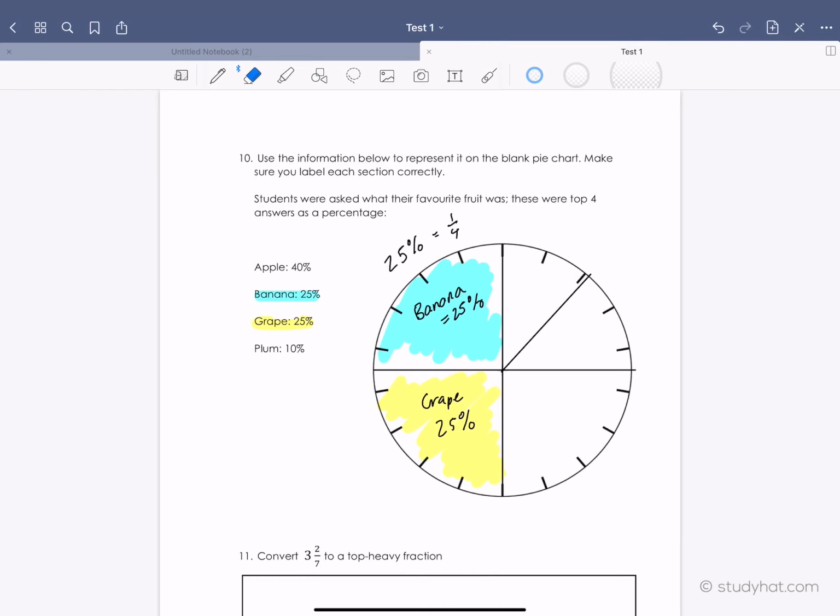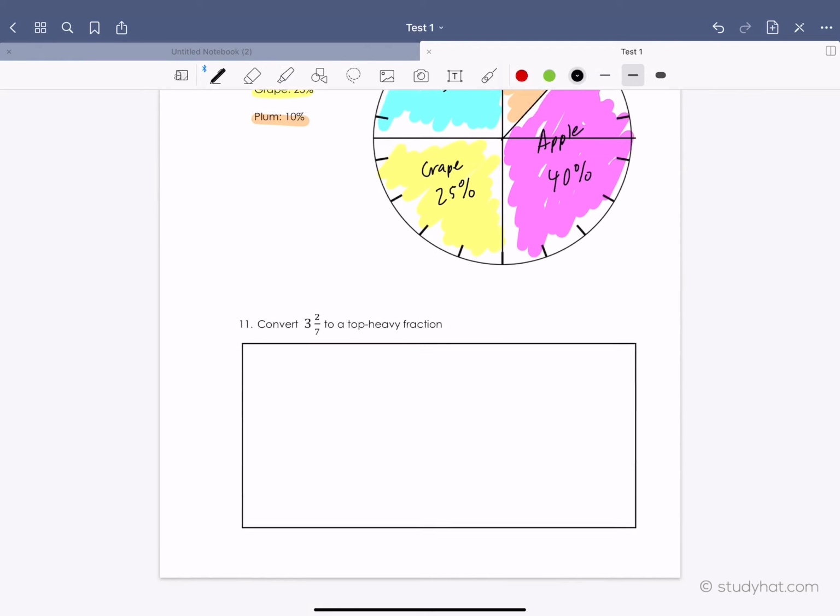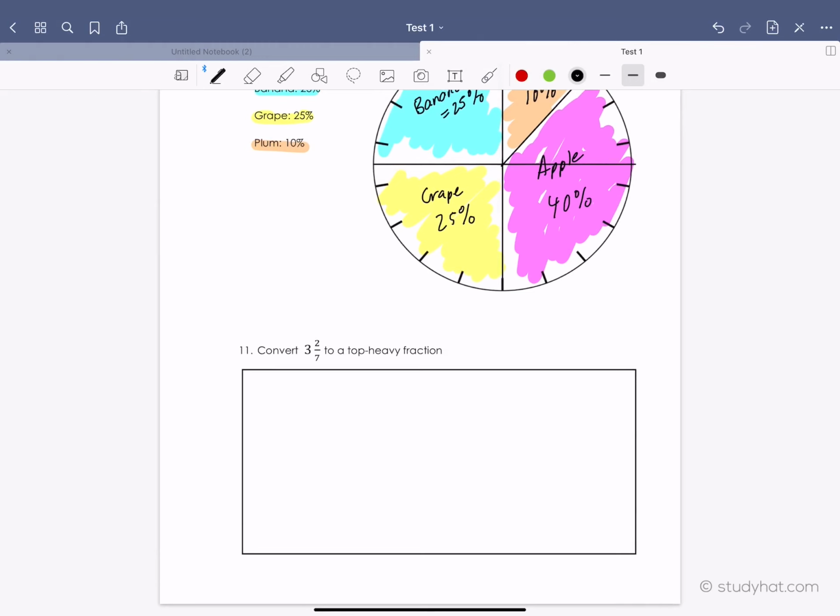You could do this precisely if you had a protractor. This will be the 40% of apple. And the remaining, we need one more colour, will be plum with the 10%. Good.